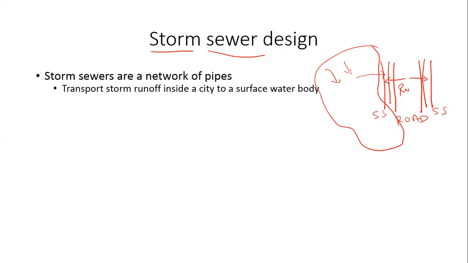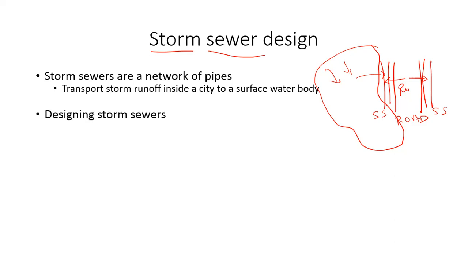In every area, there's a certain amount of rainfall that you expect. Given that amount of rainfall, there's a certain maximum amount of runoff that you will also expect. So you have to design the storm sewers for the maximum runoff that you expect, right?